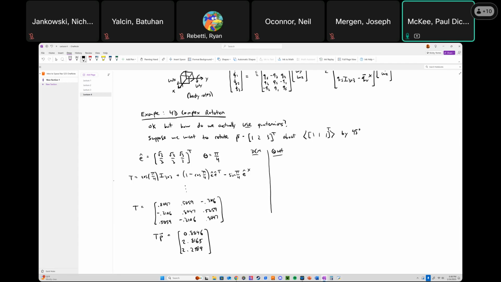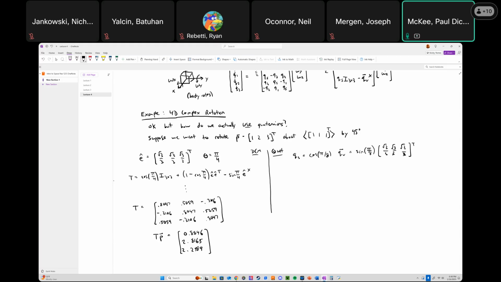So in this case, our scalar term is the cosine of pi over 8, and our vector term is the sine of pi over 8 times root 3 over 3, root 3 over 3, root 3 over 3 transpose.